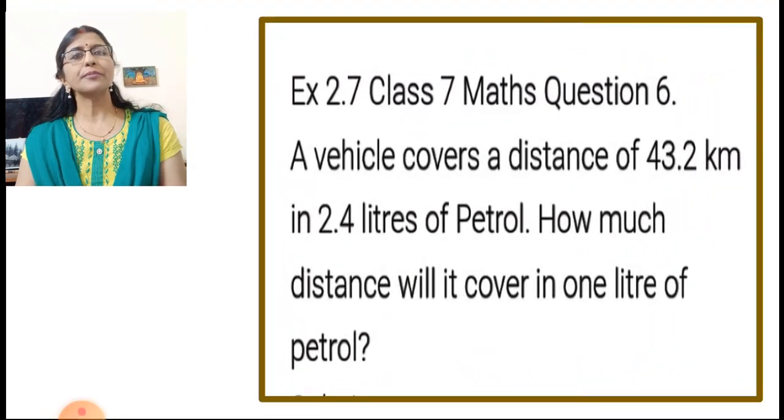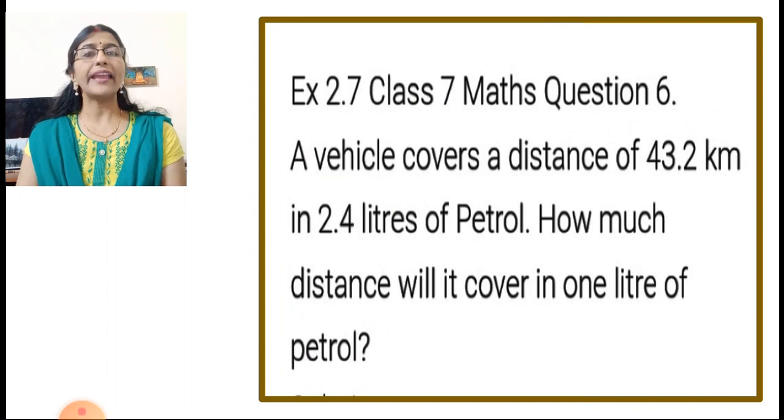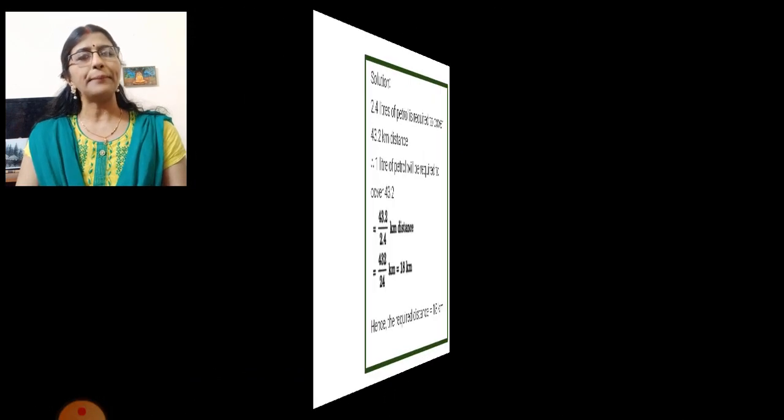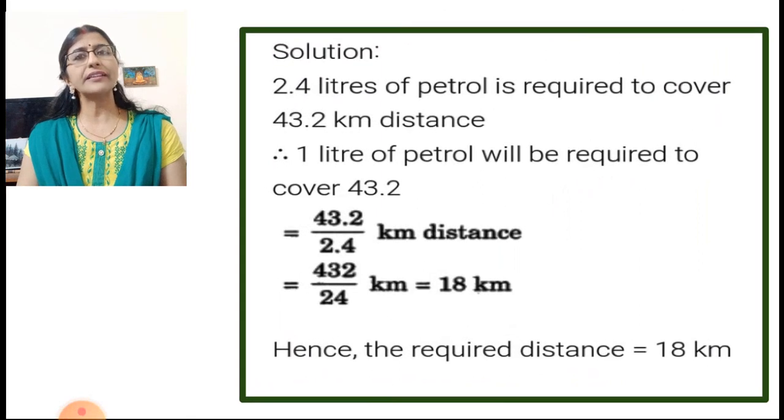Now this is a word problem, question number 6. A vehicle covers a distance of 43.2 km in 2.4 liters of petrol. How much distance will it cover in 1 liter of petrol? So you have to find out how much distance it will cover in 1 liter of petrol. So first, what is given, we will write: 2.4 liters of petrol is required to cover a 43.2 km distance.